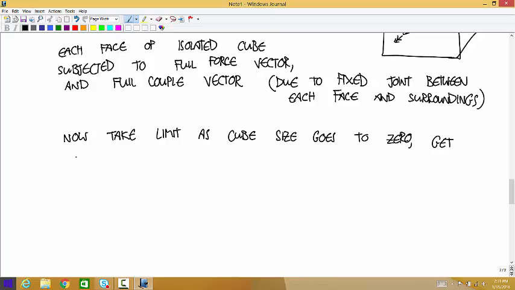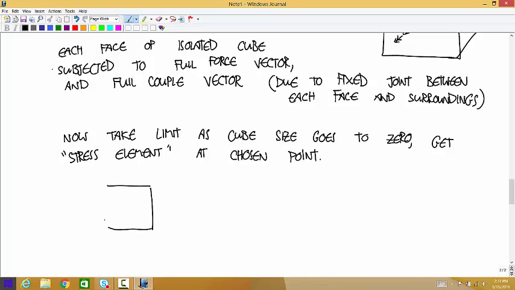So what you get is the stress element at a chosen point. Something happens to those couples when you limit all the way down to zero size. Okay, so now this is infinitesimal.